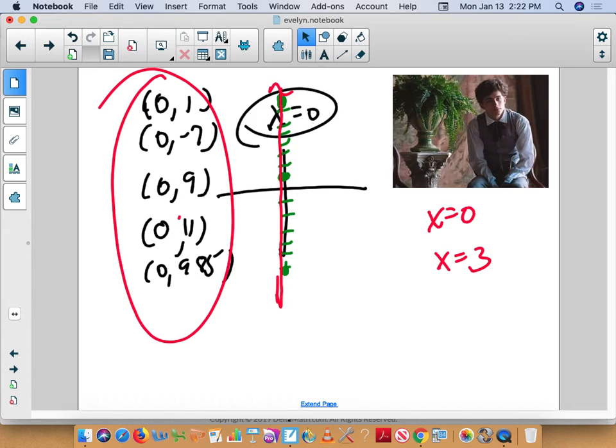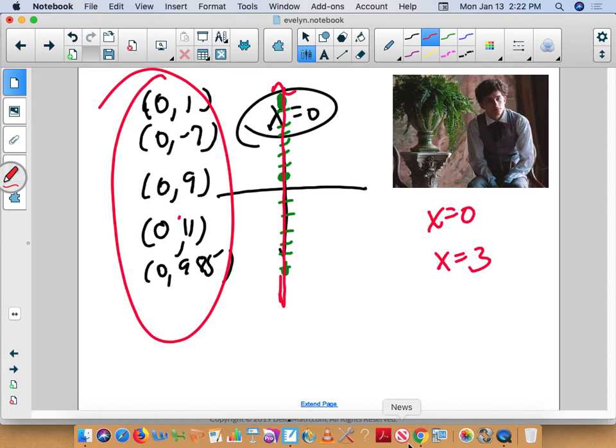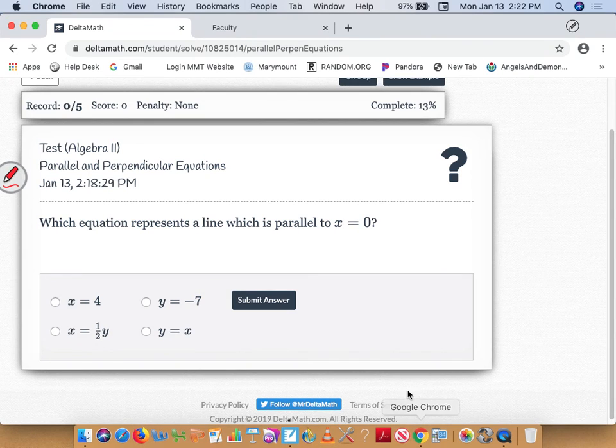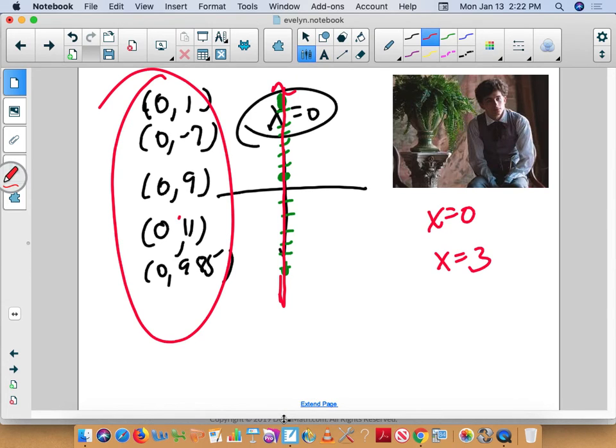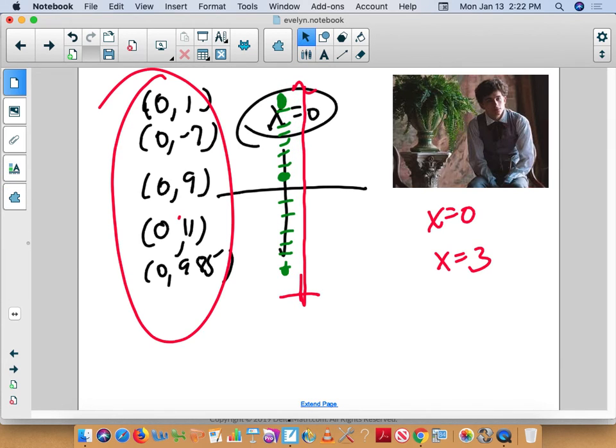But common sense is if I want a line that is parallel to x equals 0, then parallel would have to be another what? Is x equals 3 parallel to x equals 0? Couldn't it be any of these?